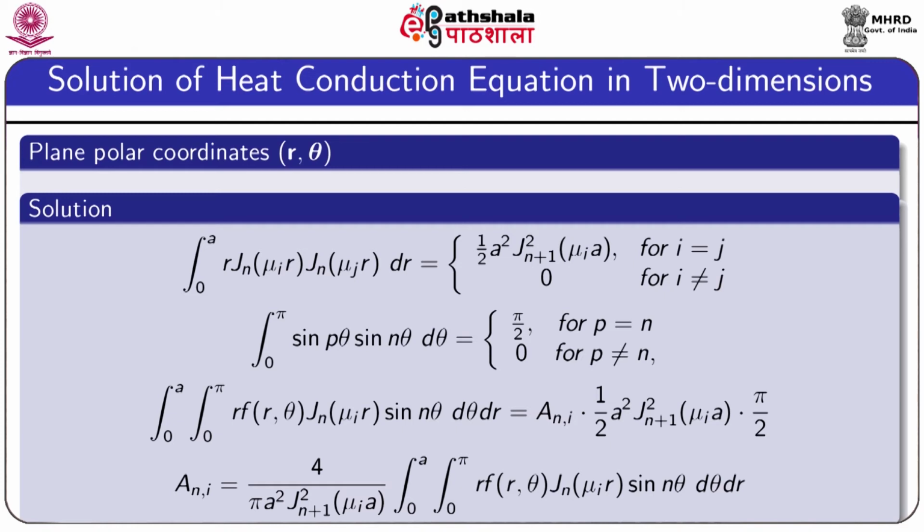The orthogonality property for the Bessel function is written in the first equation, and in the second equation the orthogonality property of the sine function is given. So in this way we can find the values of A_nl. The expression for A_nl is written in the last equation.